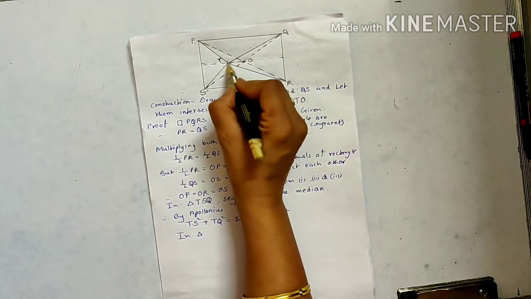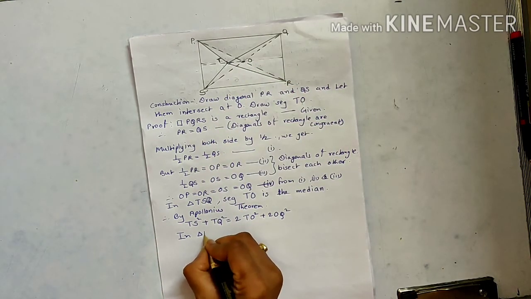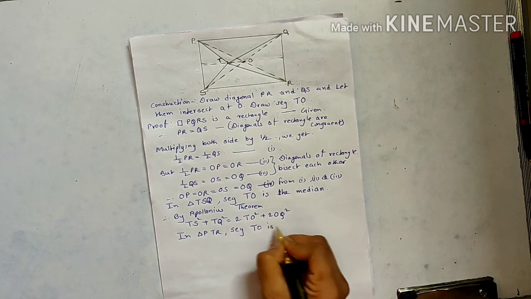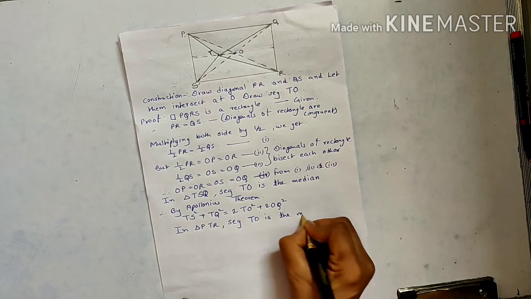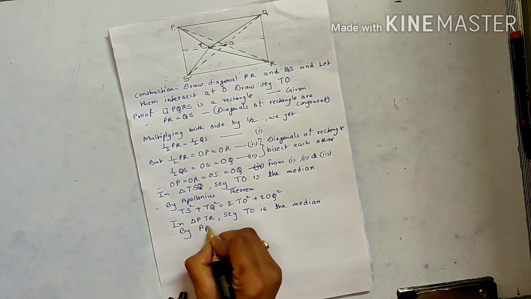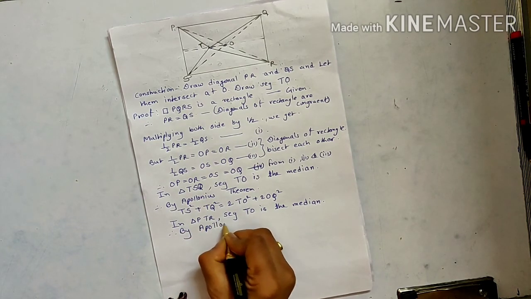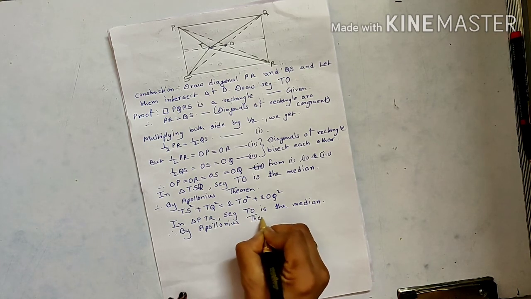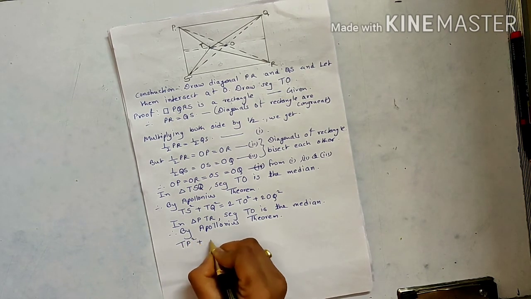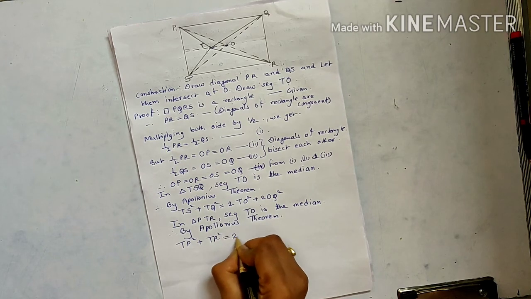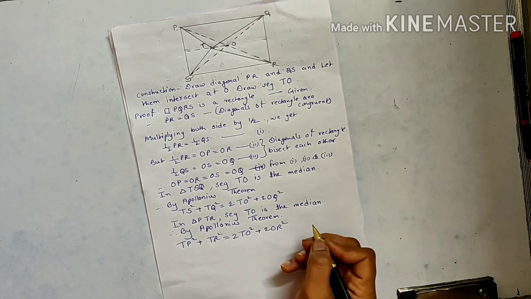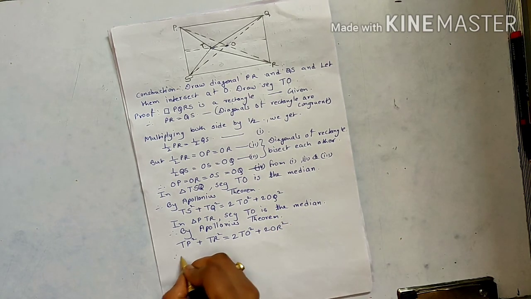That means TO is the median. Therefore, by Apollonius theorem, TP square plus TR square is equal to twice TO square plus twice OR square.